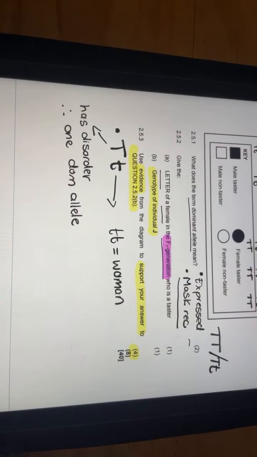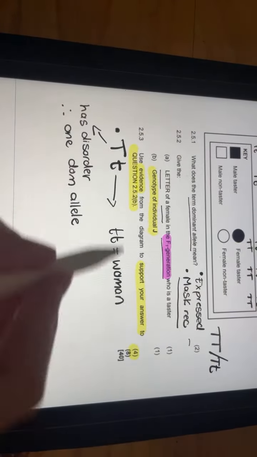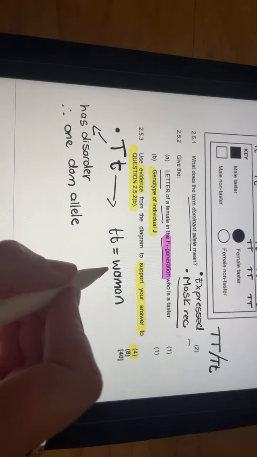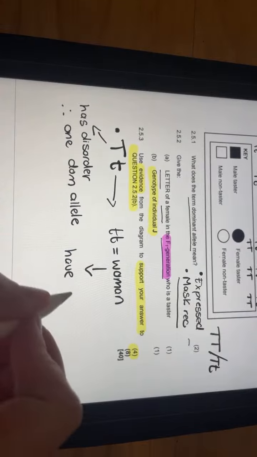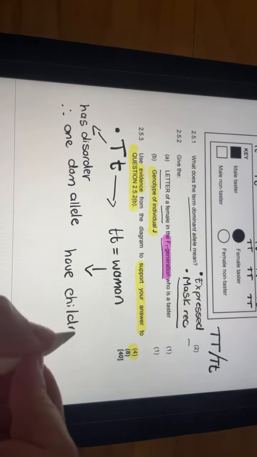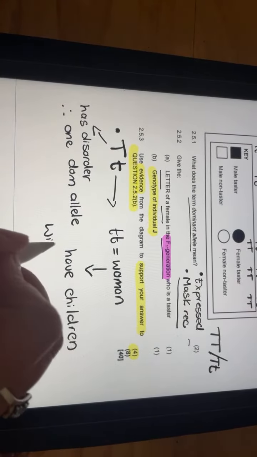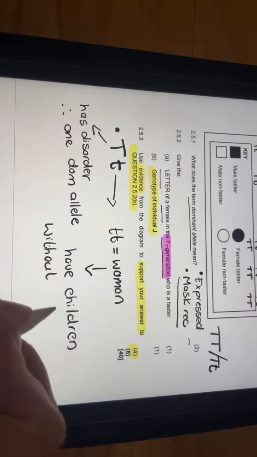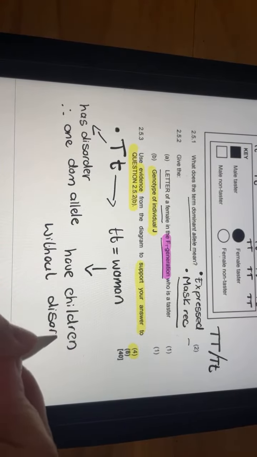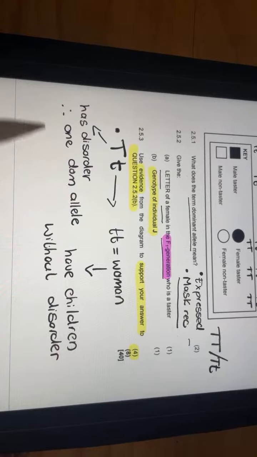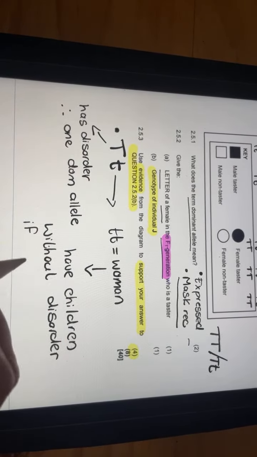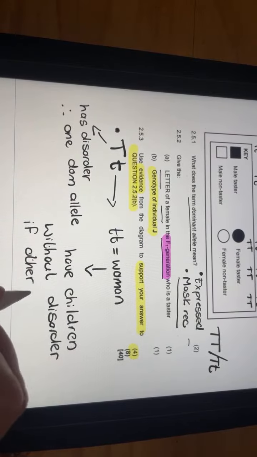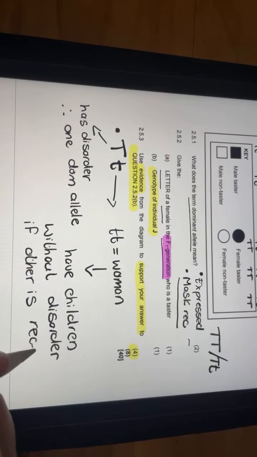So the woman was two lowercase t's that he had a child with. Okay? Because they came together, the only way that he can have children without the disorder is if his other allele is recessive.